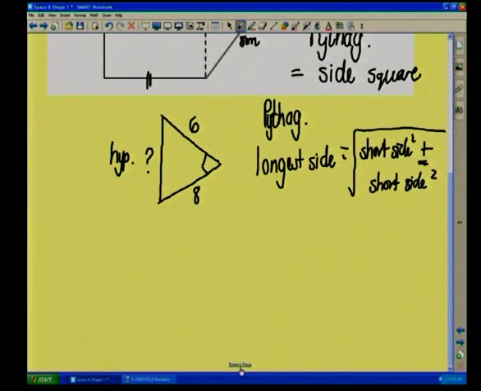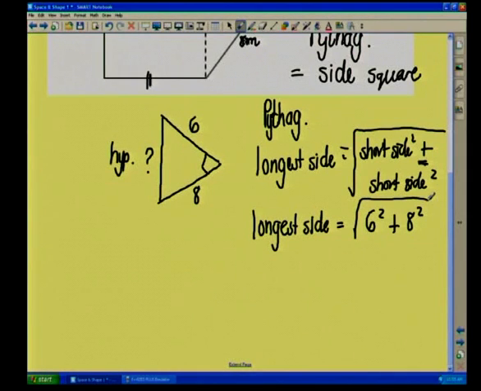Right, so my longest side or my hypotenuse is equal to 6 squared plus 8 squared, and my answer is square rooted.